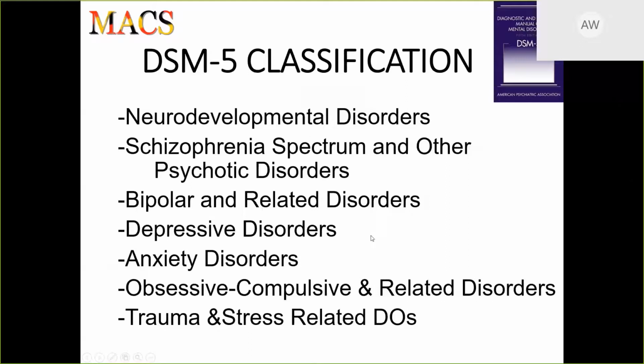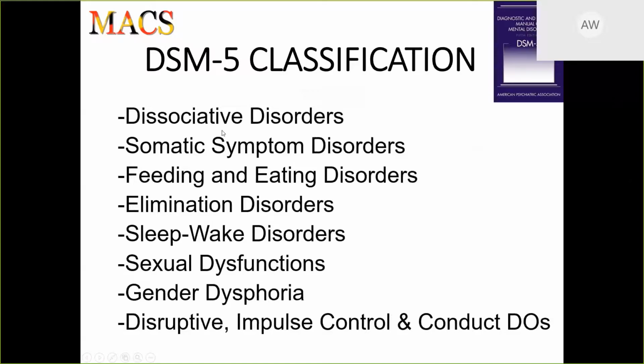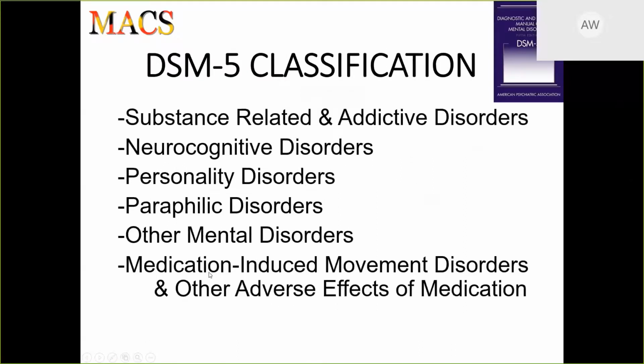They're separate. Obsessive-compulsive disorder used to be in with anxiety disorders. DSM-5 separated it out. Other dissociative disorders, a lot of the less common things here. Substance-related and addictive disorders, we'll talk a little bit more about that. And then some of the other things.